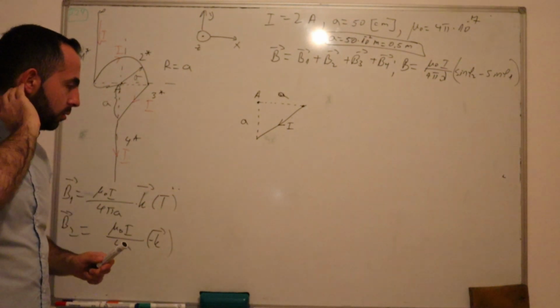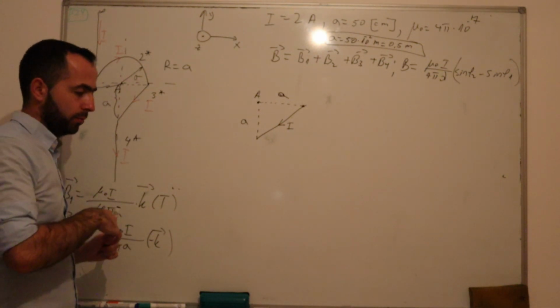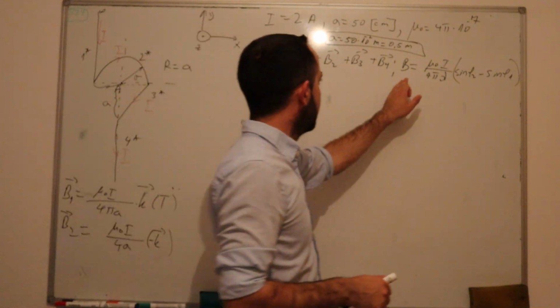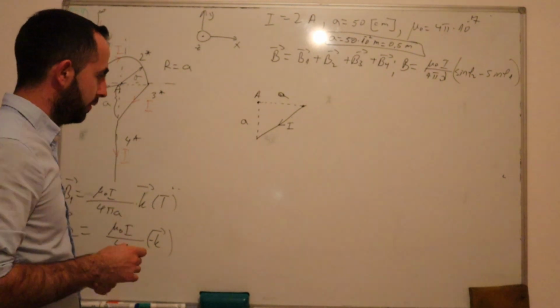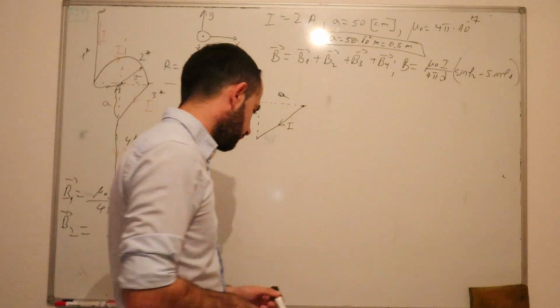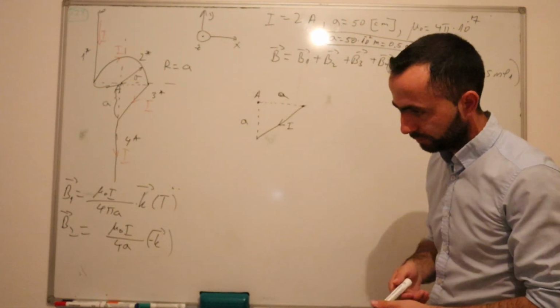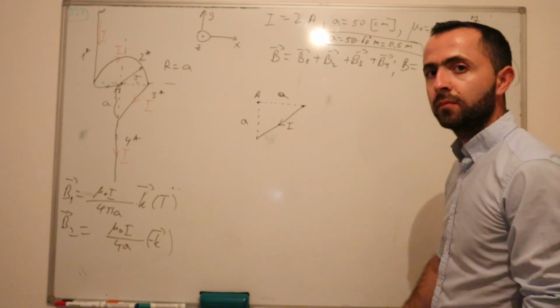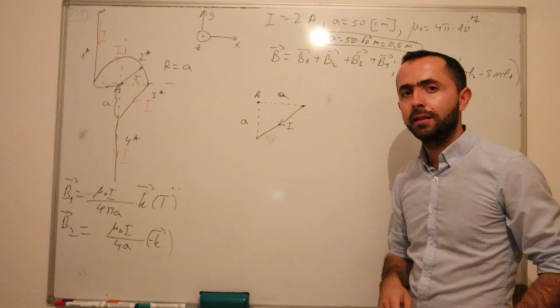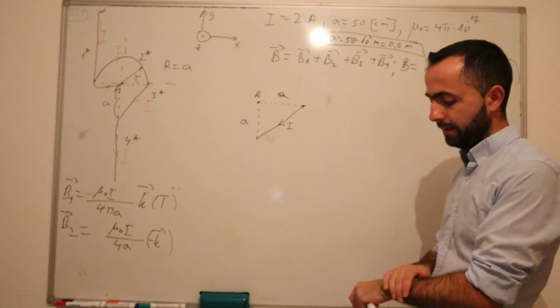And now we need to calculate it. Of course, we are using the same Biot-Savart law. Firstly, in this case, we will use the right-hand rule to determine the magnetic flux density direction.